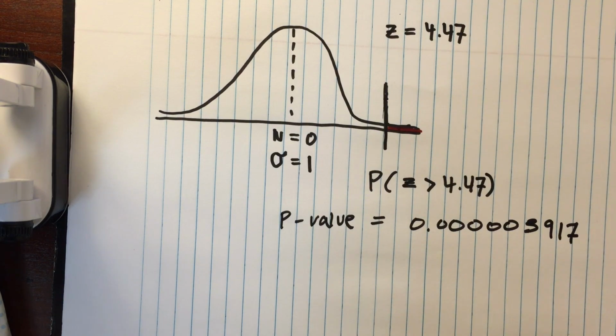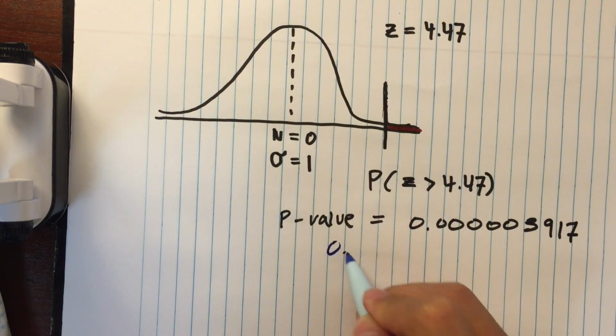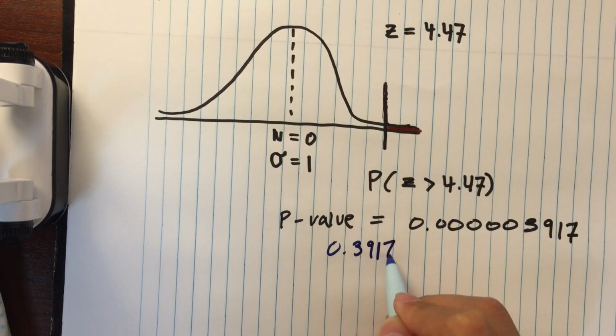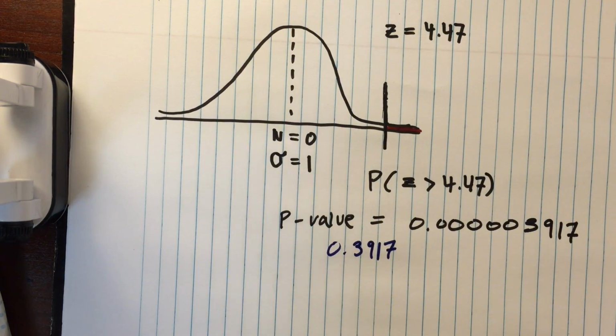So for our example right here, when we have an extremely small p-value, that would mean that it would be very unlikely to get this data with a true null hypothesis, meaning that this data is inconsistent with our null hypothesis. If the p-value was higher, such as if it was equal to 0.3914, then it would be likely to get this data with a true null hypothesis.